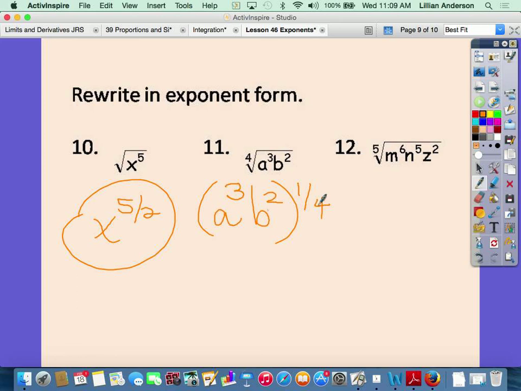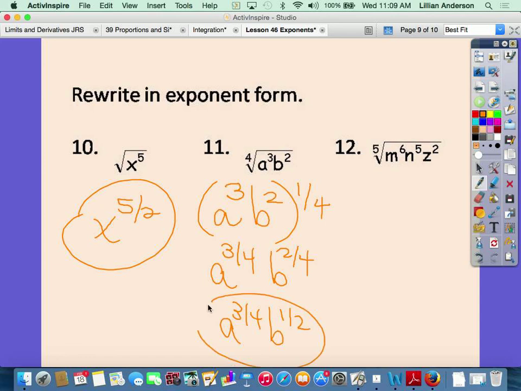Aren't both of these being raised to the 1/4 power? So this would be a to the 3/4 and then b to the 2/4, which is just 1/2. So you can keep going, and then this would be your final answer.